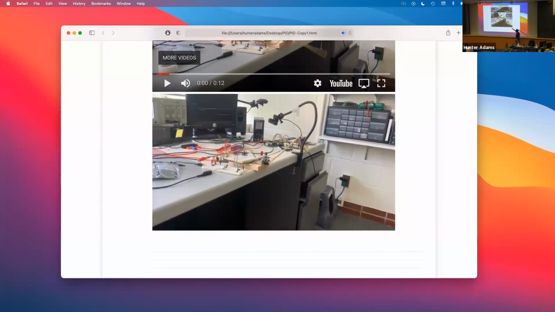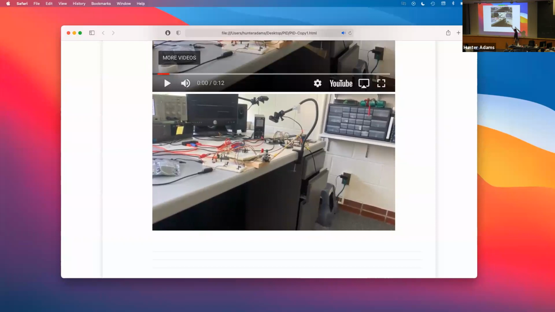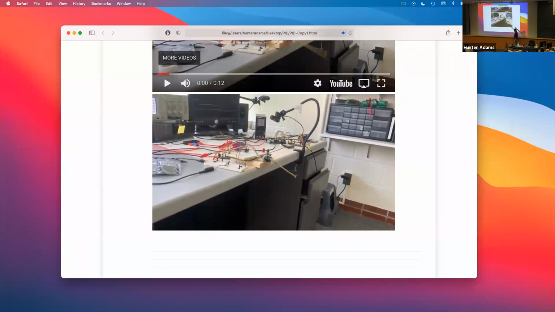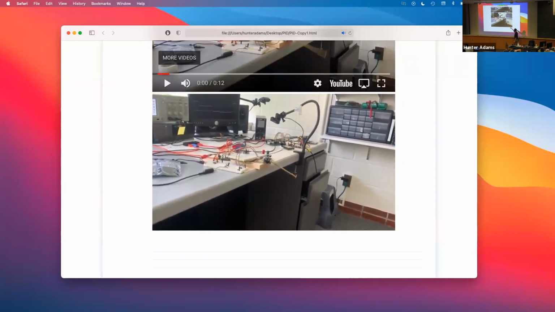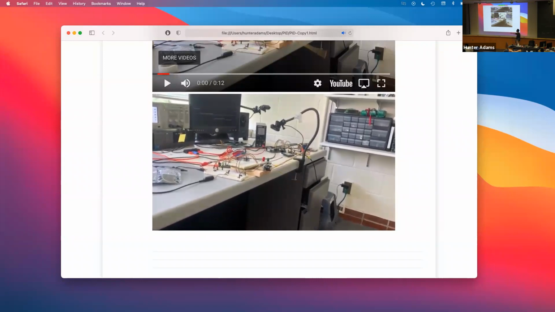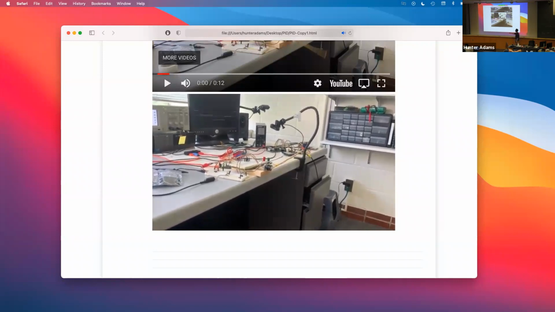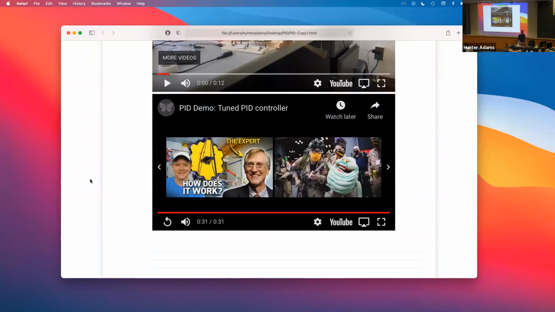It's hard to see in the back, but there's a little bit of overshoot. But overall, it's pretty quick. This is approximately the behavior that you're aiming for.